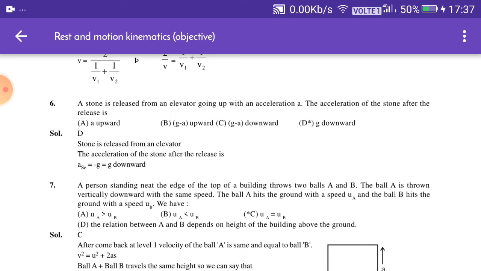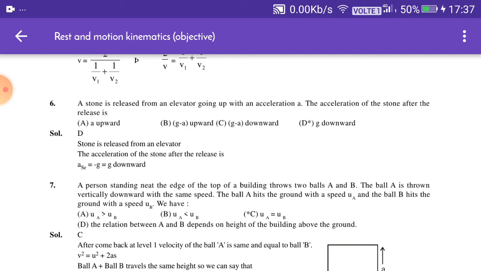The acceleration of the stone after the release. So after you are releasing, it is falling, so g will be downwards.